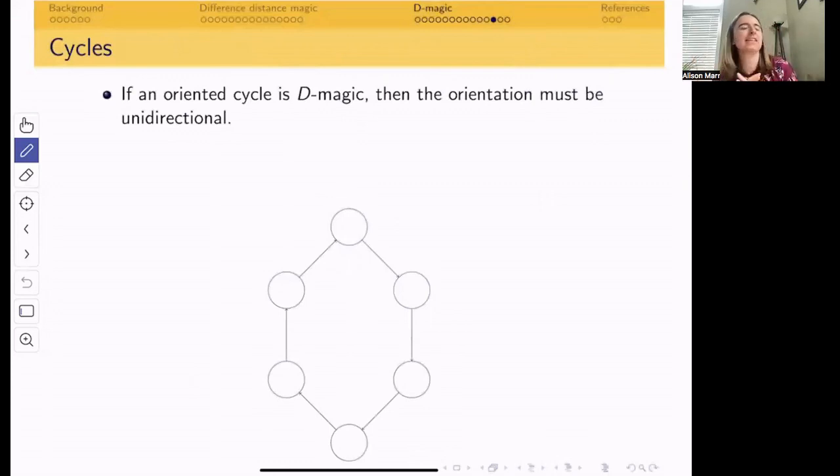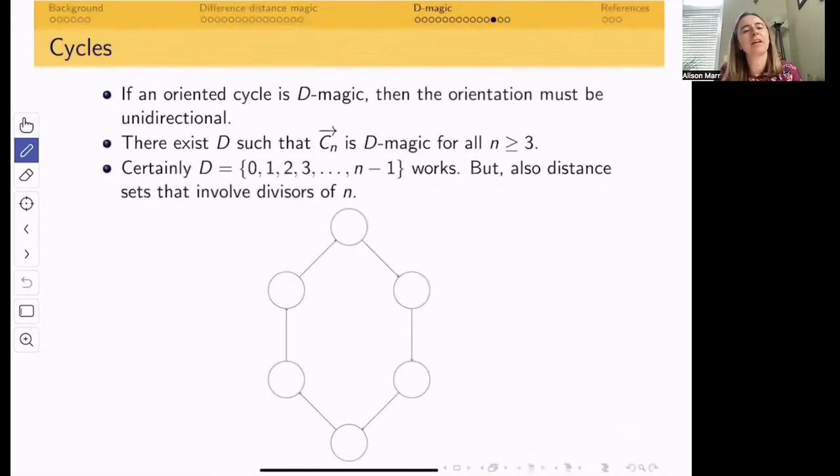Cycles are a fun case. If there is going to be a D magic labeling, then it's going to be unidirectional. That's the only way that it's going to work. Any other situation, it's not going to happen. And you can find a distance set such that C_n is D magic for all n greater than or equal to 3.